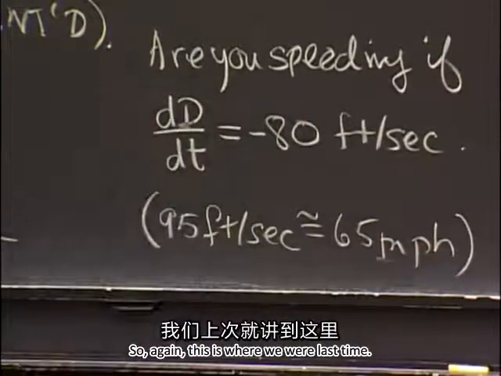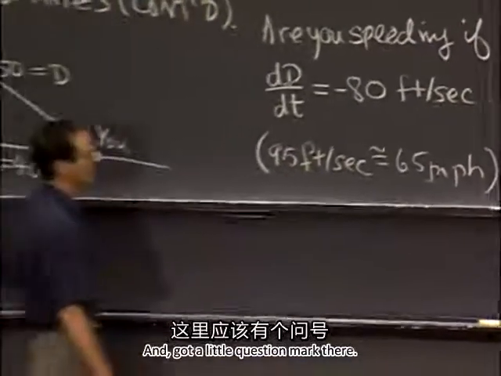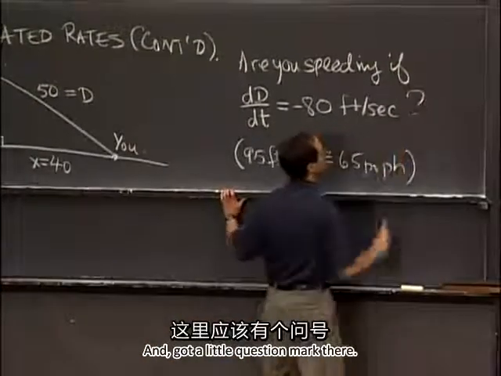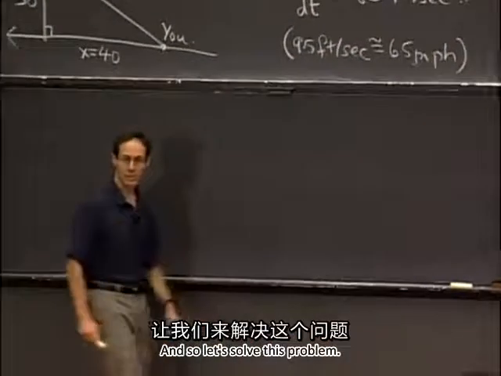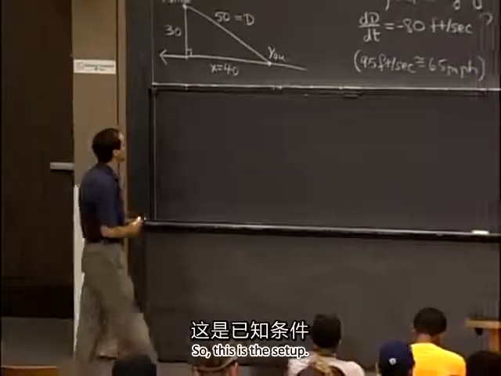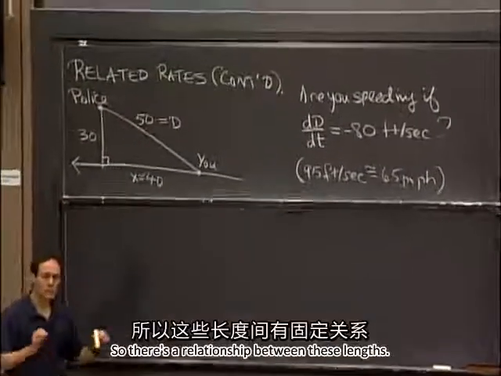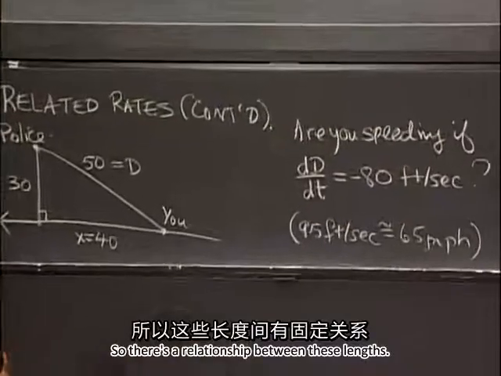So again, this is where we were last time. And put a little question mark there. And so let's solve this problem. All right, so this is the setup. There's a right triangle. So there's a relationship between these lengths.